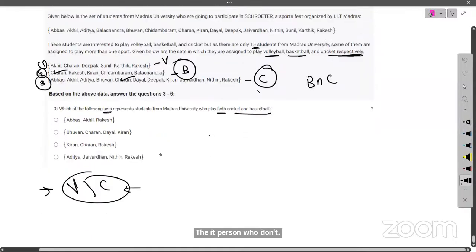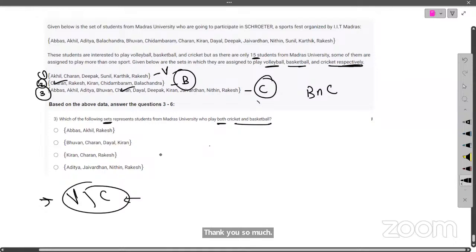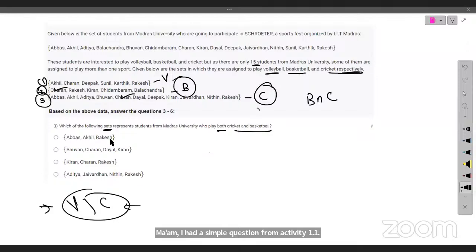Ma'am, I had a question from activity 1.1, question number 3. Do we have to count one by one in this question and then write the answer, or is there any short trick? The one that the professor told us, the greeting method, right? There you have to answer.